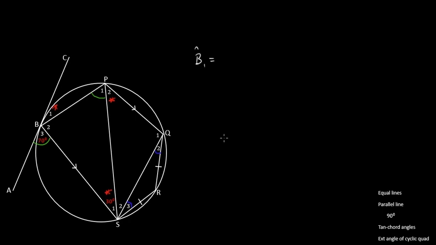It has a red star, the same as S1. So that means B1 equals S1, and that's true by tan chord theorem. B1 equals S1, so B1 is 30 degrees. Reason: tan chord theorem.